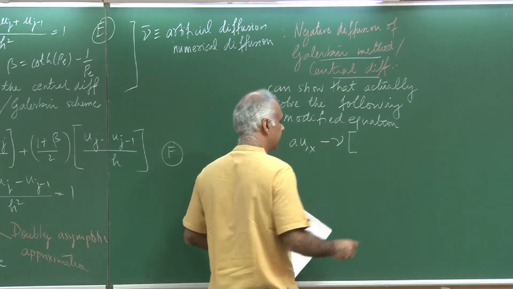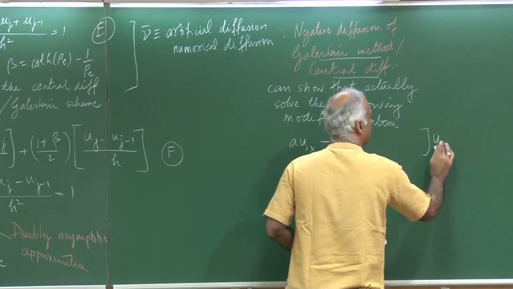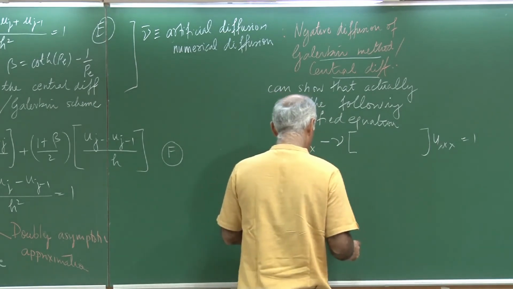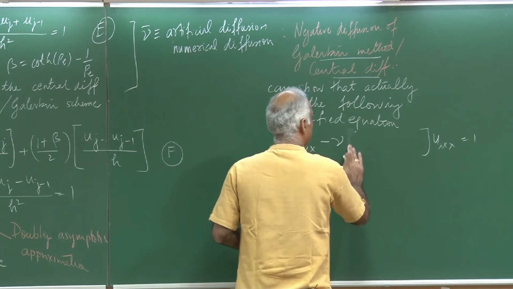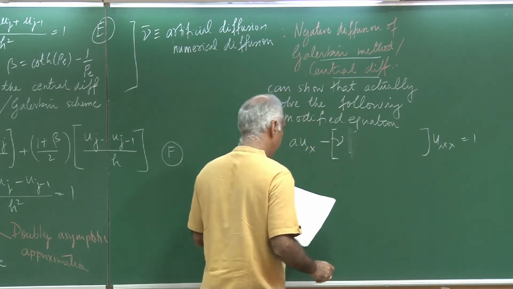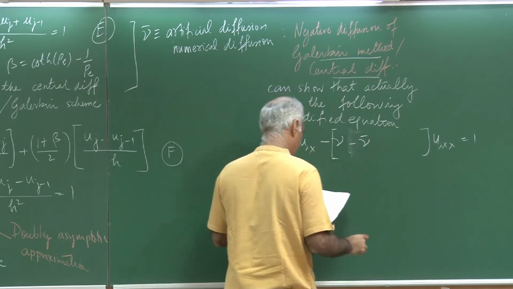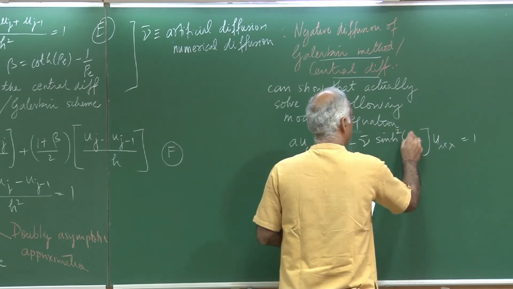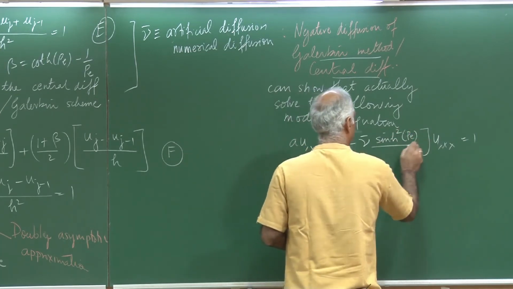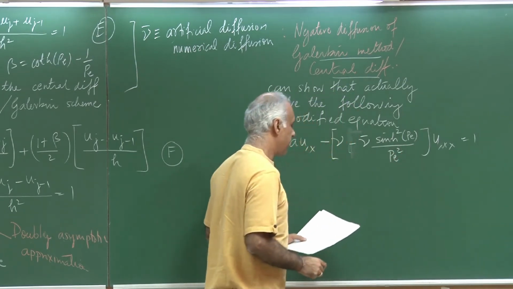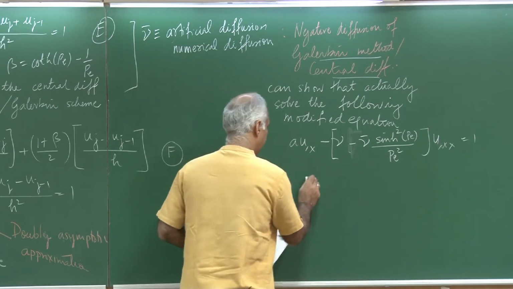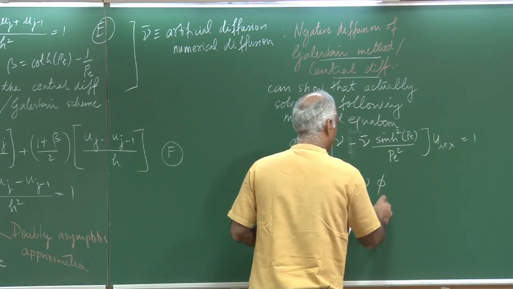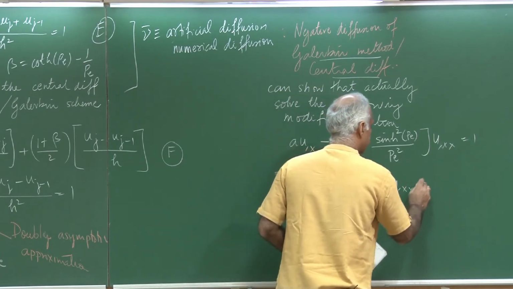Instead of the operator simply u comma xx with coefficient 1, you can show that this would be something like nu minus nu bar times sine hyperbolic square of Peclet divided by Peclet square, which actually corresponds to A u comma x minus nu times phi u comma xx equal to 1.